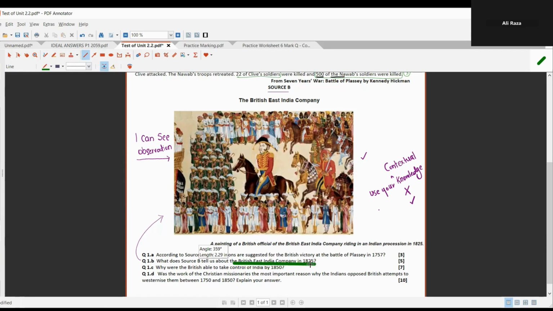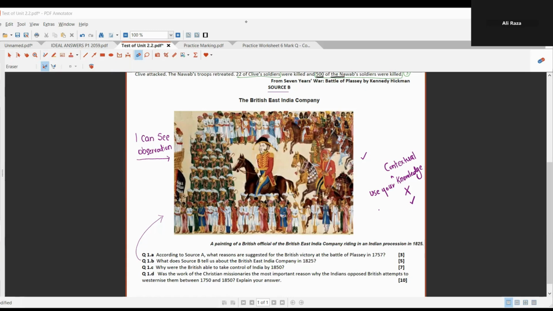So whatever we are looking at in the picture mainly talks about what can we tell about the East India Company. Zainab, can you tell what can we see in the picture?